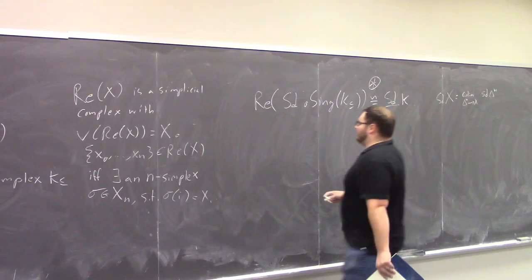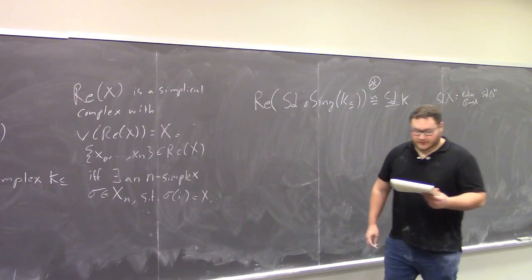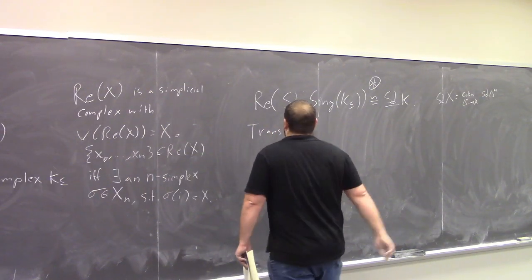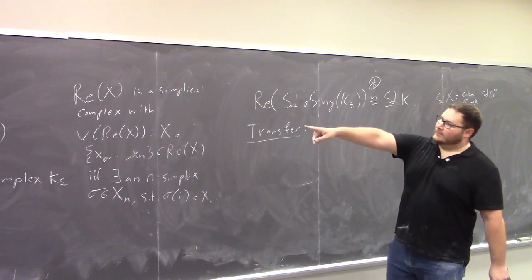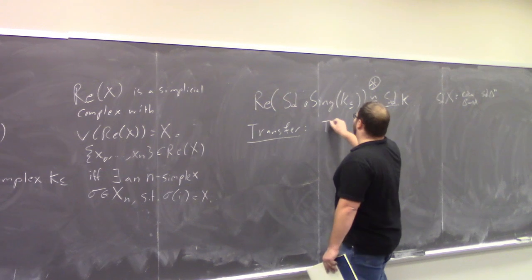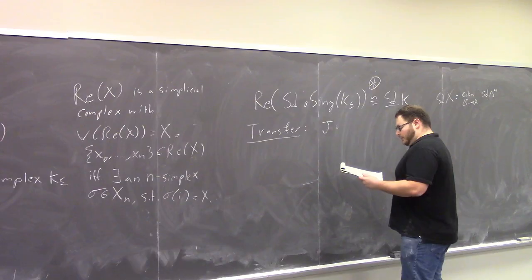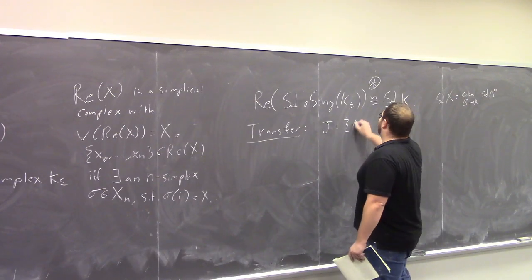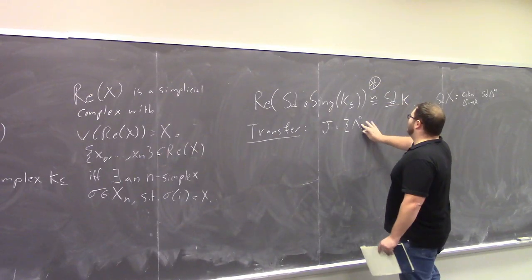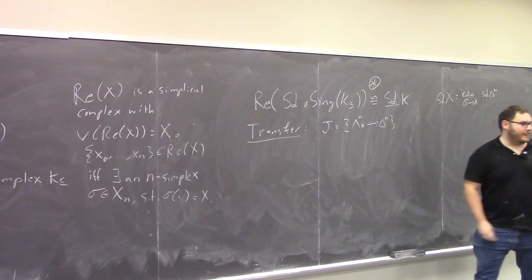So if I want to transfer the model structure from simplicial sets, all I have to do is the following. Simplicial sets is a cofibrantly generated model category. So it has generating trivial cofibrations given by horns mapping into simplices.